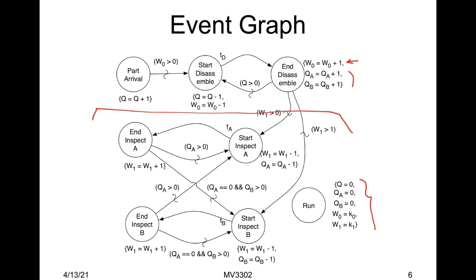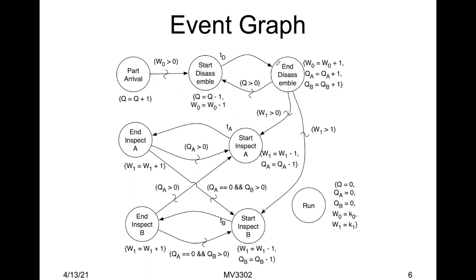Now let's look at what happens when we finish disassembling. We now have our two components, our A and B component.